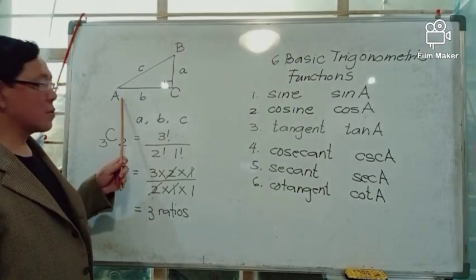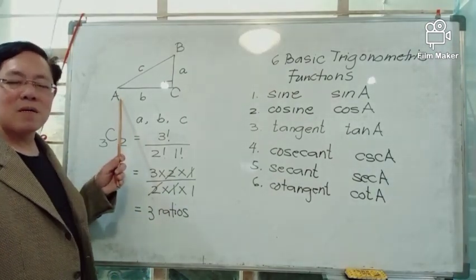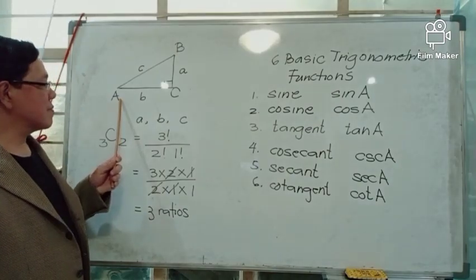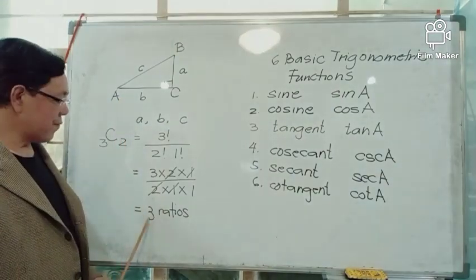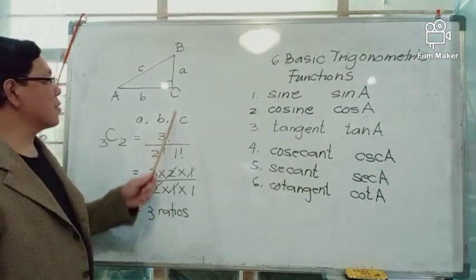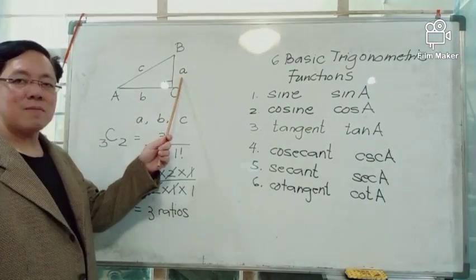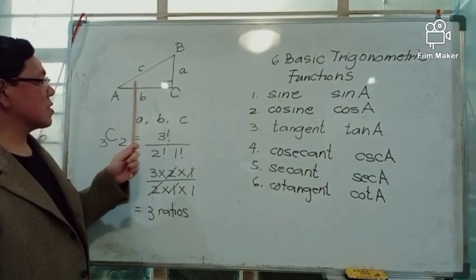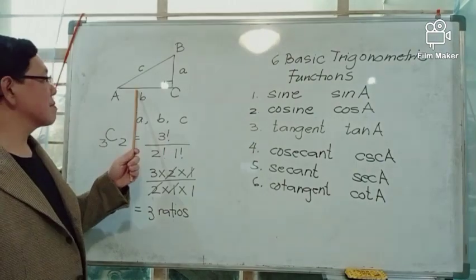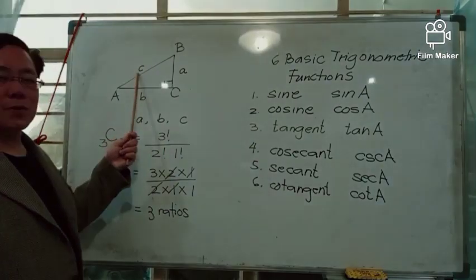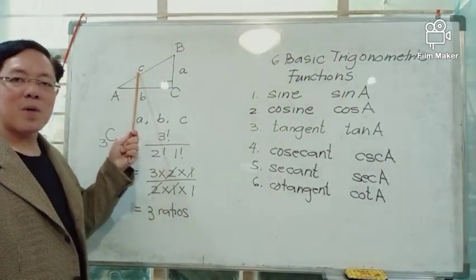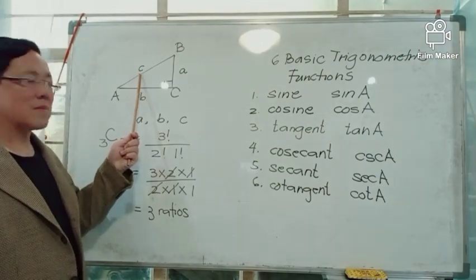With reference to the acute angle A, one of the 3 ratios that can be formed is the ratio of A, which is opposite angle A, to the hypotenuse, small c.